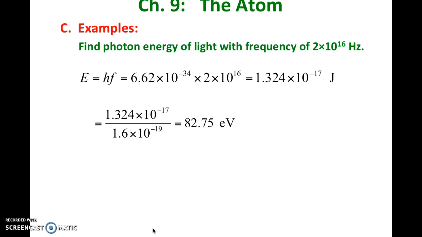Dividing it by the factor of 1.6 times 10 to negative 19, we have the photon energy to be 82.75 electronvolt.